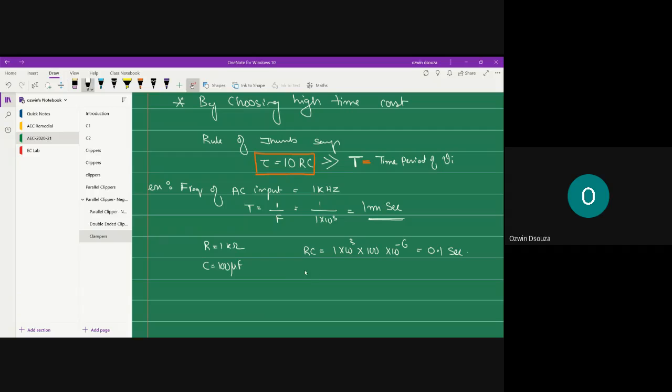As per the rule of thumb, you need to multiply with 10. So 10 times RC is actually 1 second.